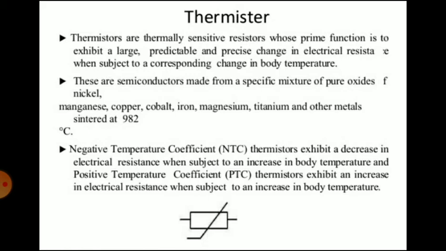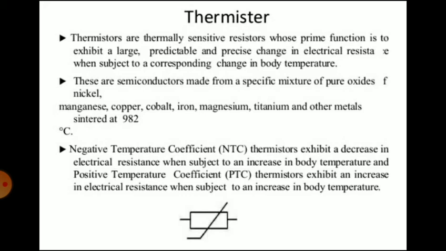One is the negative temperature coefficient thermistor, where an increase in body temperature causes a decrease in electrical resistance. The other type is the positive temperature coefficient thermistor, where an increase in body temperature causes an increase in the electrical resistance of the thermistor.